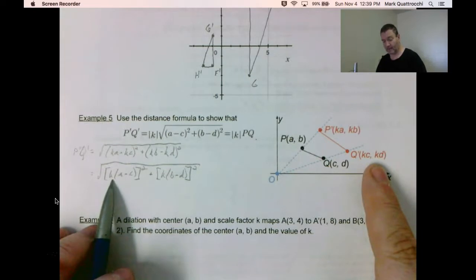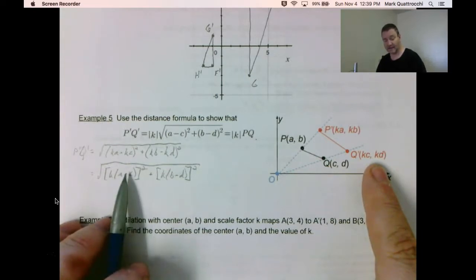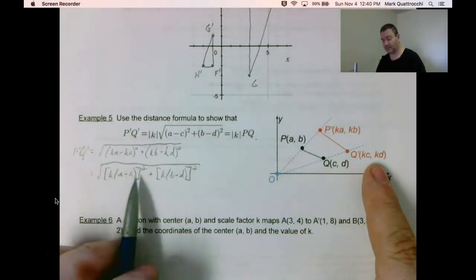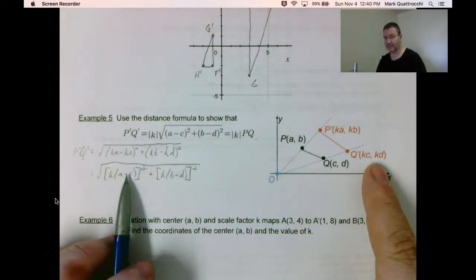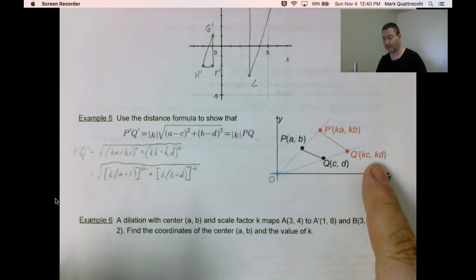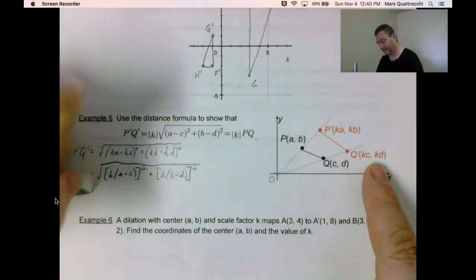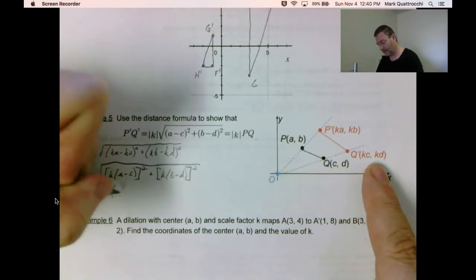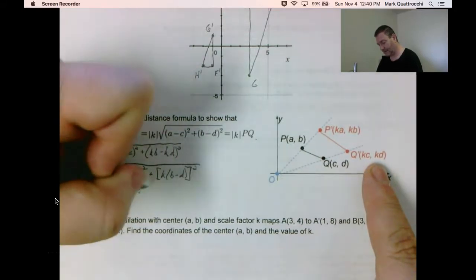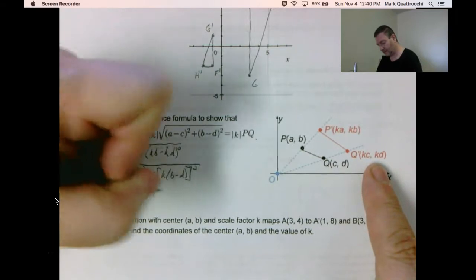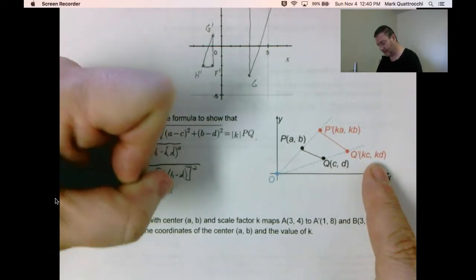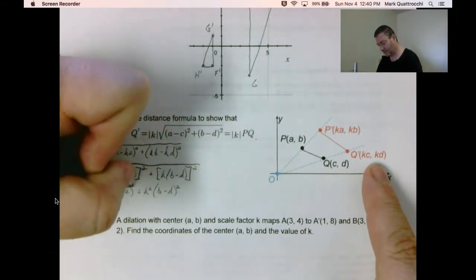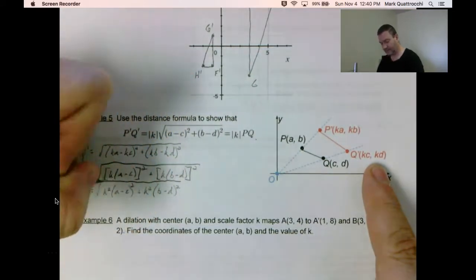I can square the K and square the A minus C. They're multiplied together, so I can distribute the exponent through multiplication. You can't distribute the exponent through addition and subtraction, but you can distribute it through multiplication. So I now have k squared times A minus C squared plus k squared times B minus D squared.